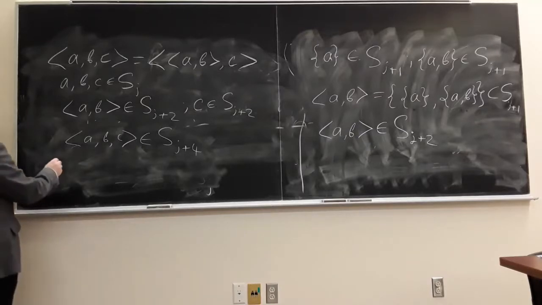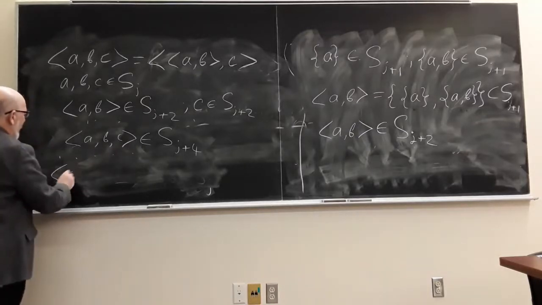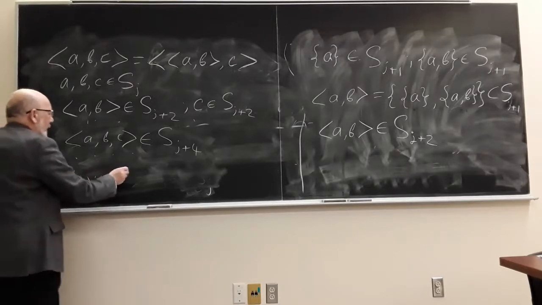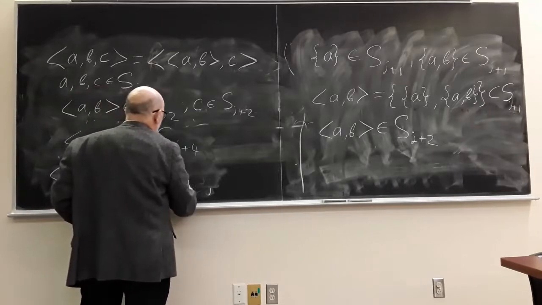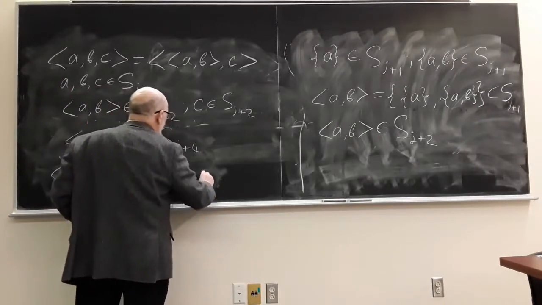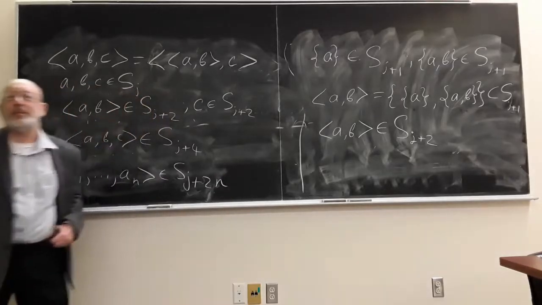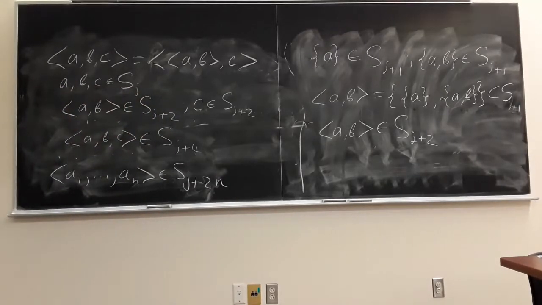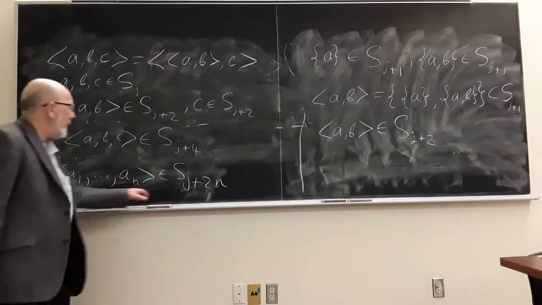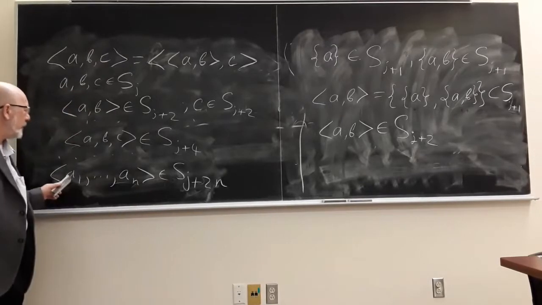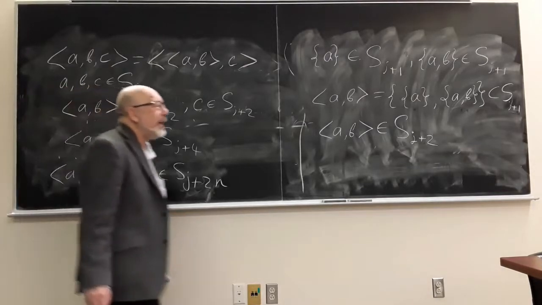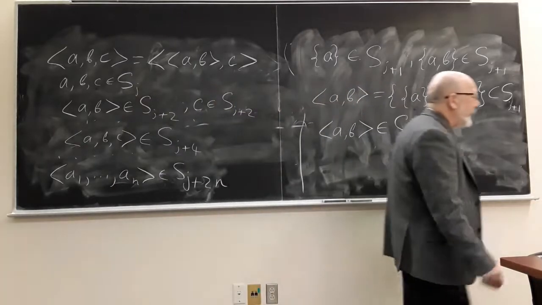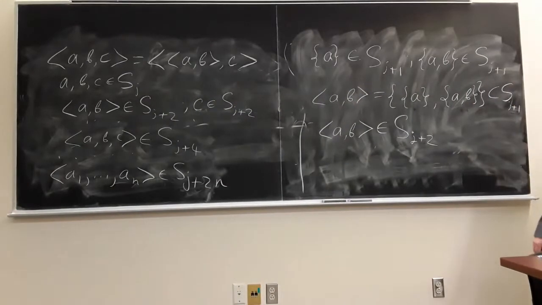Now, similarly, A1, ..., An is in Sj plus 2n. So here are the ordered tuples. This is true for any basic set S0.